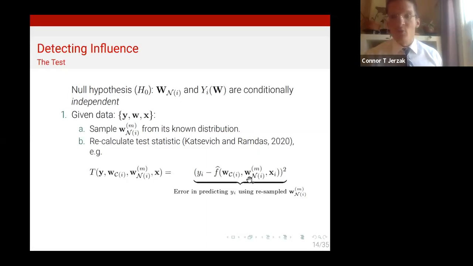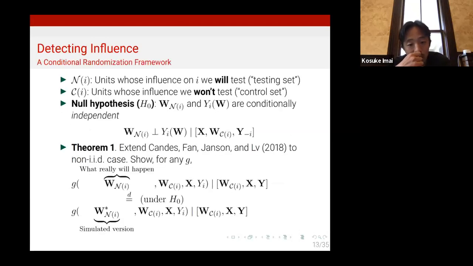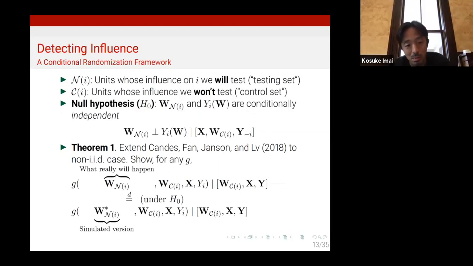So are you saying we permute the direct? Can you repeat that one more time? Like in the previous slide, you have conditioning on Y minus I, which is observed data for all the units other than I, right? Yes. So that's dependent on the W N of I, is that right?